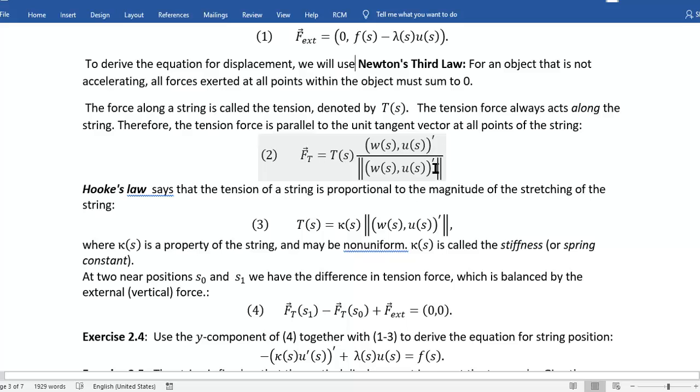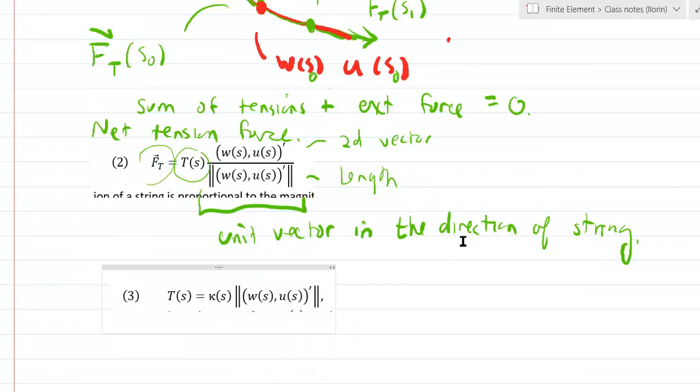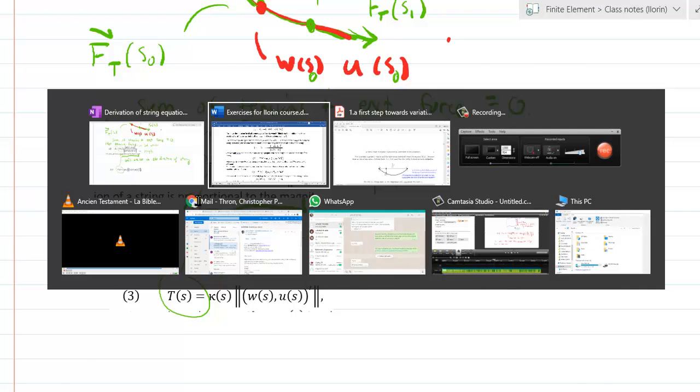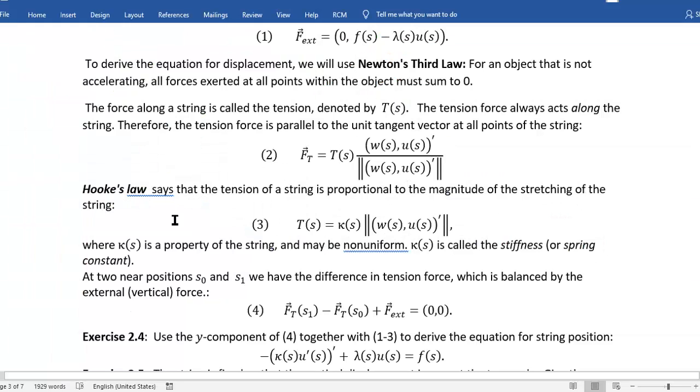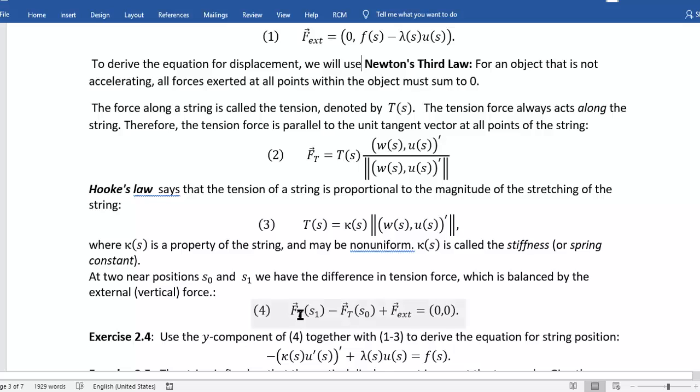So that's very useful. Let me copy that. So we can replace this expression for T of S down here. We can express this expression for T of S into here. And that will give us a simplified expression for the force of tension. Okay. So the difference between the two forces of tension at S1 and at S0 plus the external force is equal to 0.